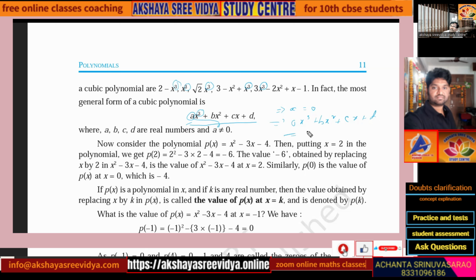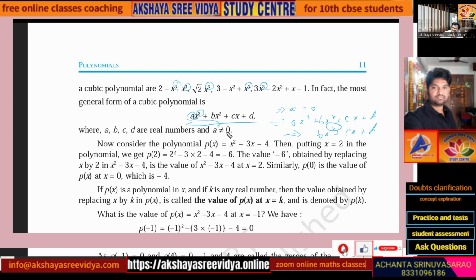It implies bx square plus cx plus d. So the highest power of x is 2. So this is not a cubic polynomial. So compulsorily a is not equal to 0.